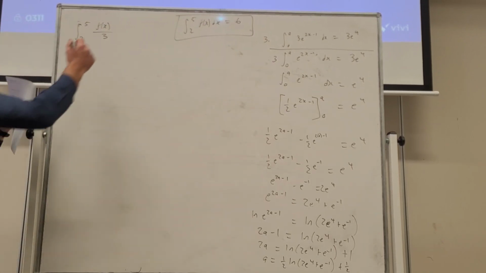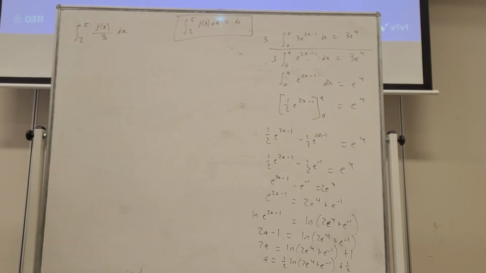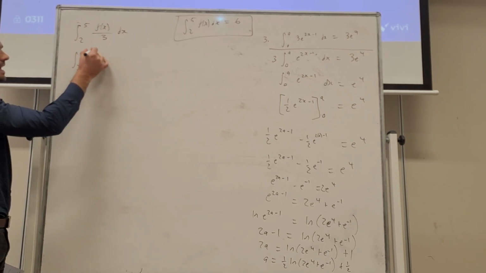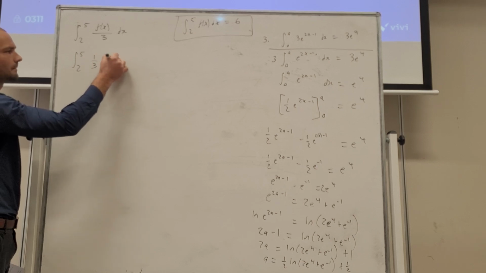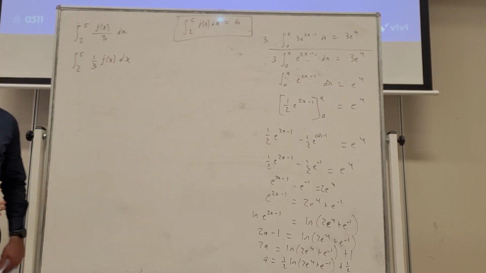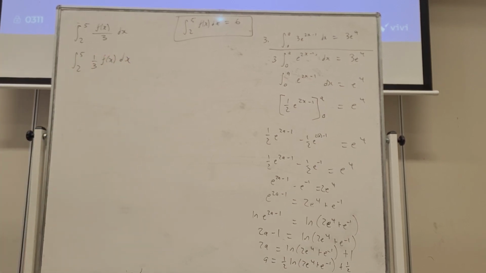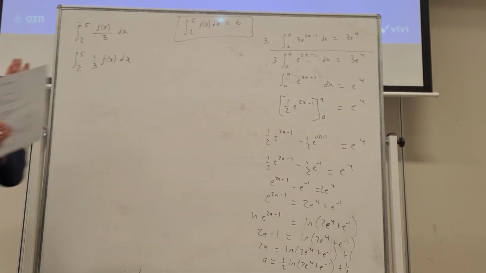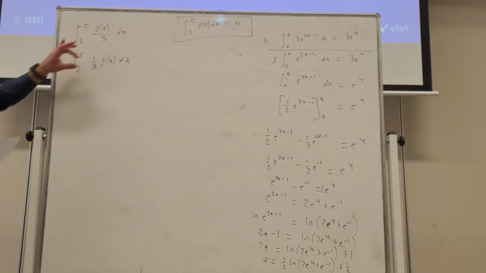All right? So what we should be doing is recognizing, okay, if it's on top of 3, that means the same as 1 on 3 times f of x. Right? Anytime we're dividing by a number, we should always think of, let's bring that as a coefficient out the front.